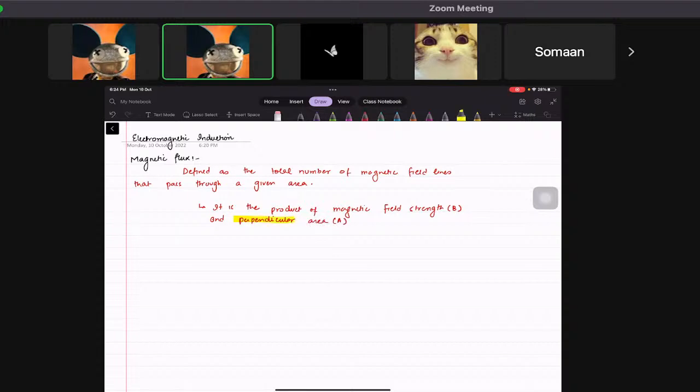Remember, this is a scalar quantity, and the SI unit for this is the Weber, written as Wb.